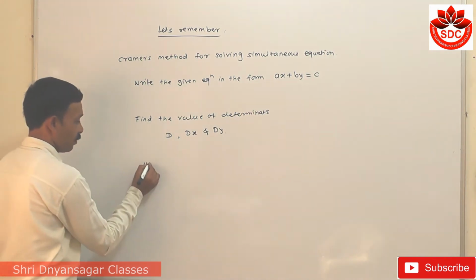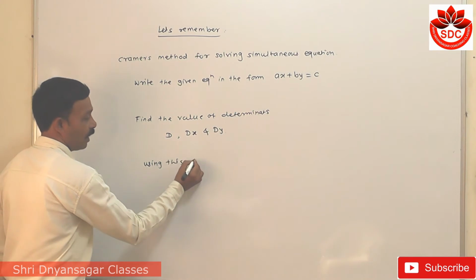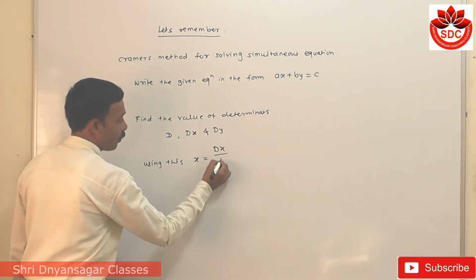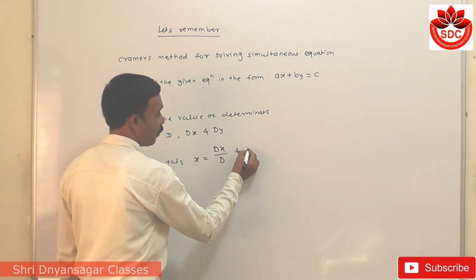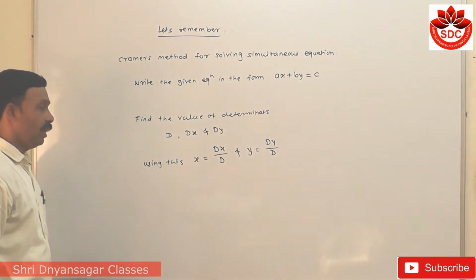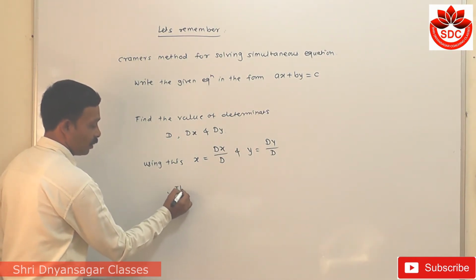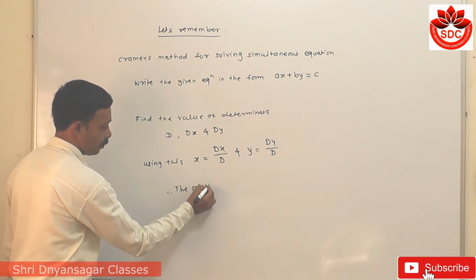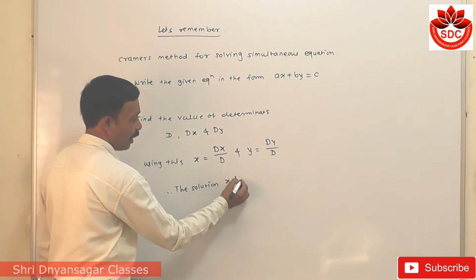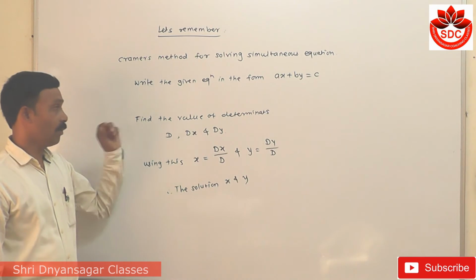Using this, we can find the value of x by Dx upon D and the value of y by Dy upon D. Therefore, this is the solution. We can find here x and y are the solution of the given simultaneous equations.